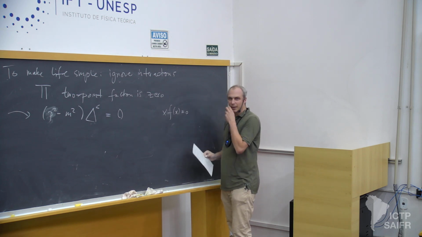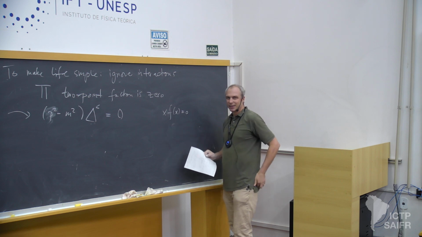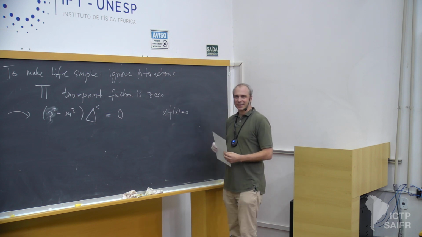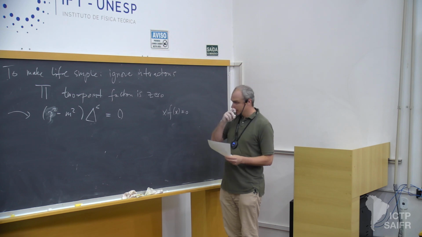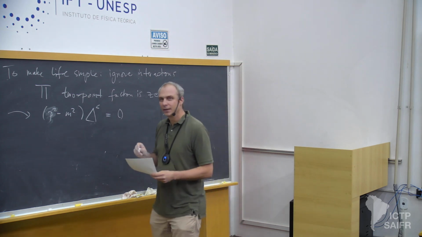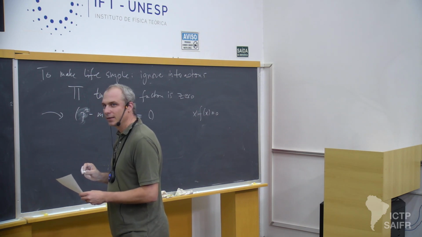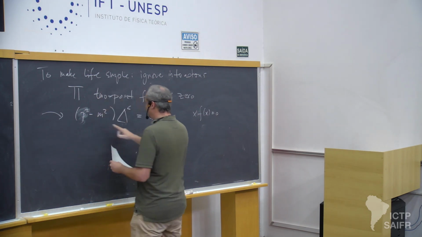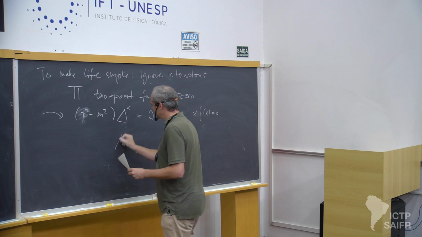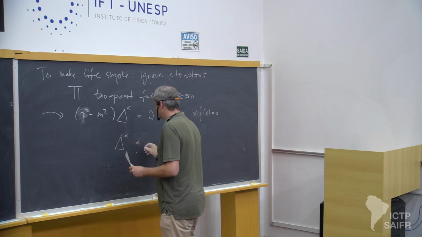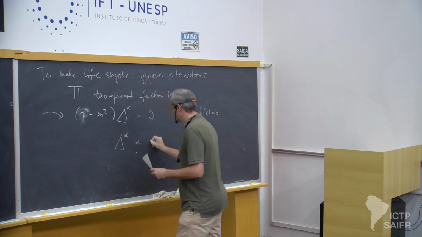So how does f look like? Right, exactly. And what does it mean for delta less? So this is then proportional to a delta function, no?